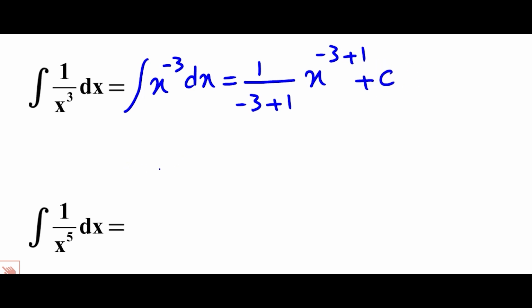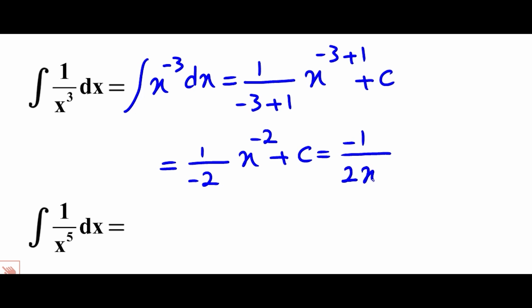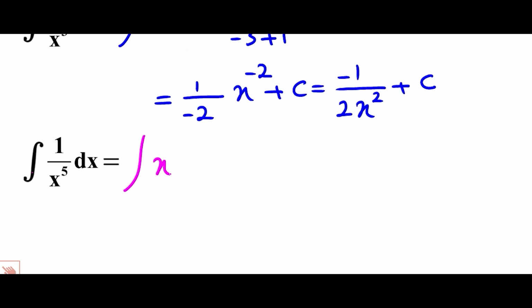So we have equals 1 over negative 2 x to the negative 2 plus c, equals 1 over negative 2x squared plus c.